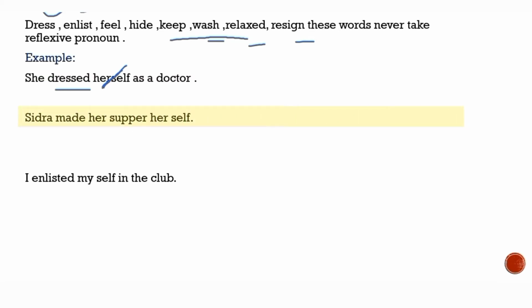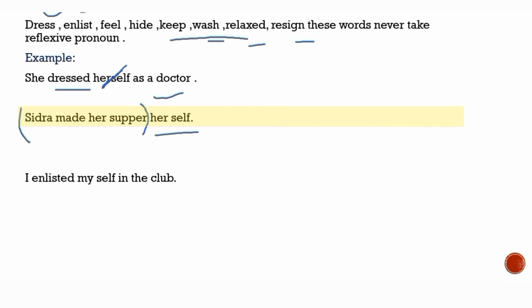Sometimes reflexive pronoun acts as an intensive pronoun in a sentence. Means that they intensify the meaning of the sentence. Suppose that Sidra made her supper herself. In this sentence, herself came at the last of the sentence, and our sentence is complete without this reflexive pronoun.